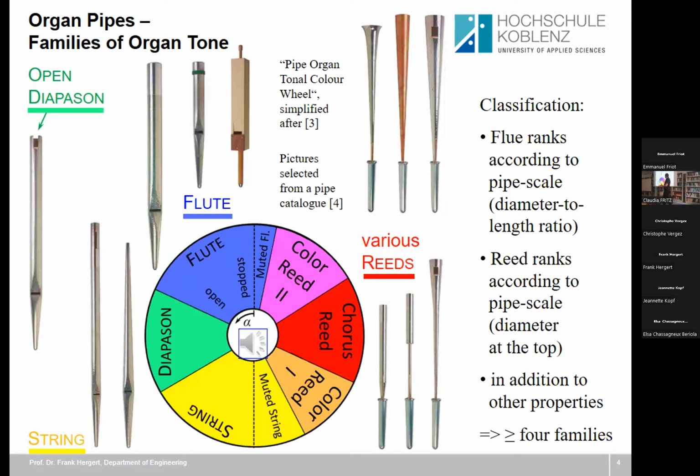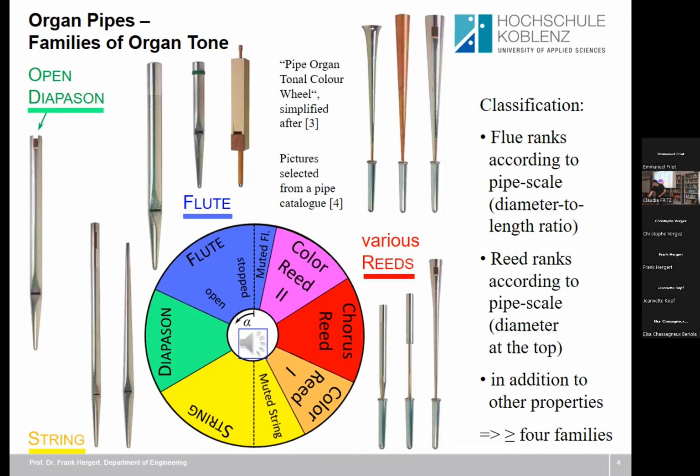And we can group them into different tone families or tone colors. Flute is represented in blue, diapason in green, strings in yellow, and the reed in red and related reeds as well. And you see there is a difference in diameter.